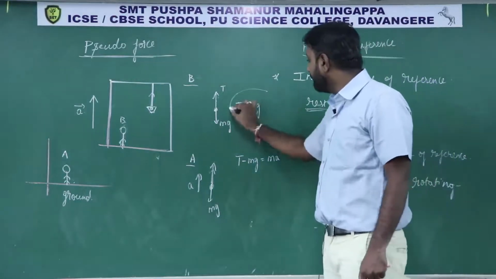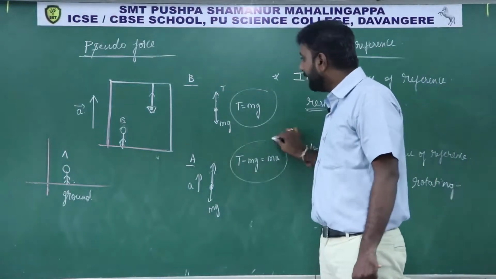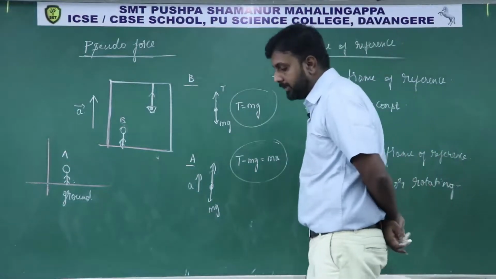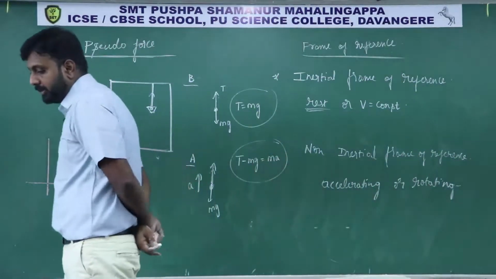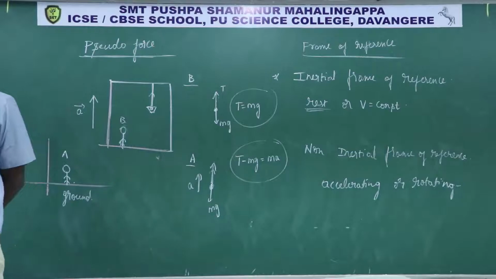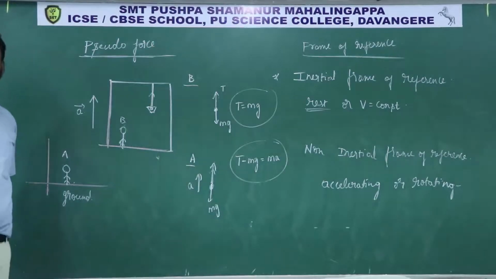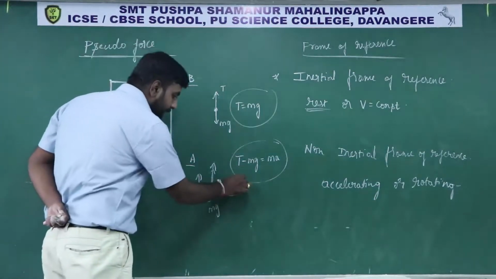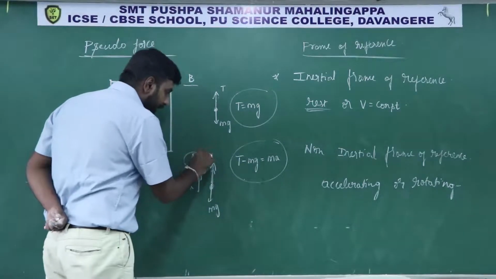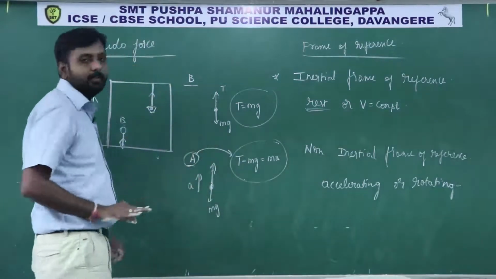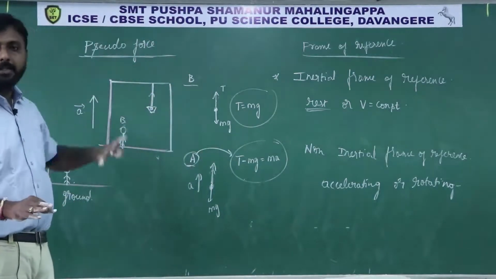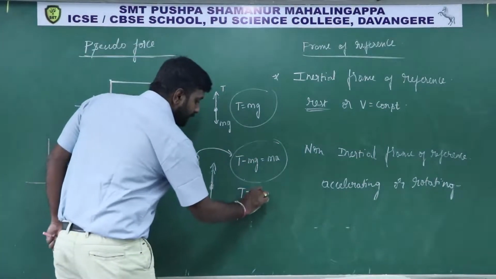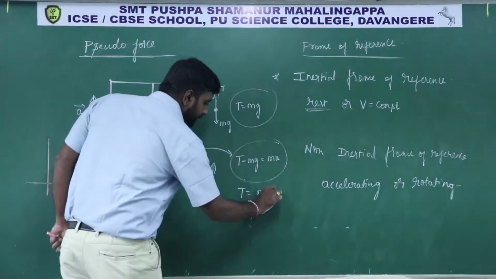So out of these two, which is correct and which is wrong? Is person A correct or person B correct, or Newton's laws correct? Definitely, what person A said is correct. When the lift is accelerating upwards, you can say that T is equal to m of g plus a.